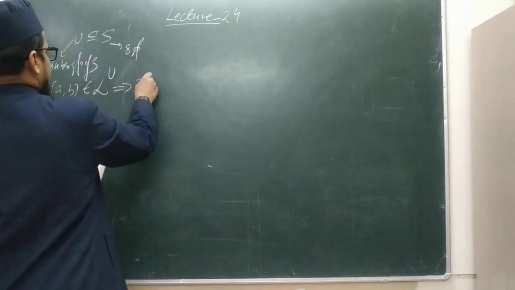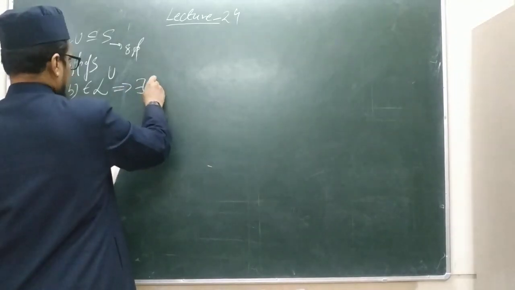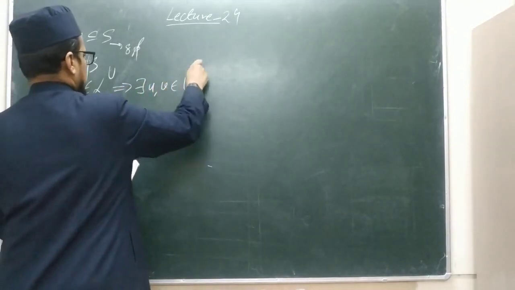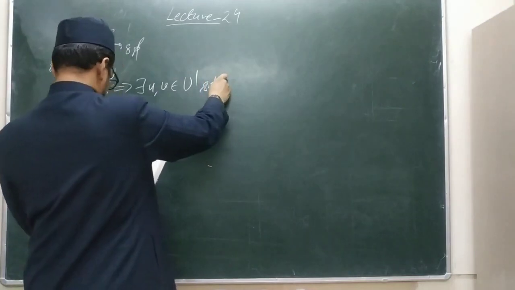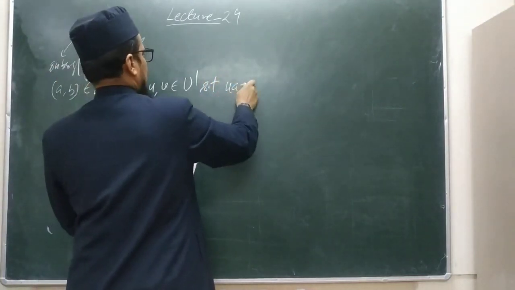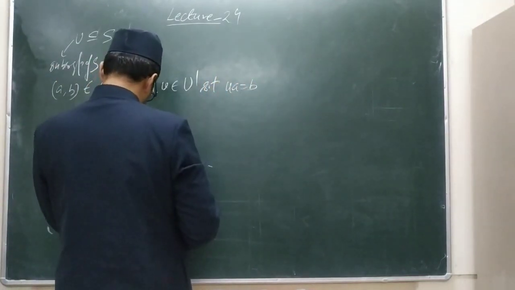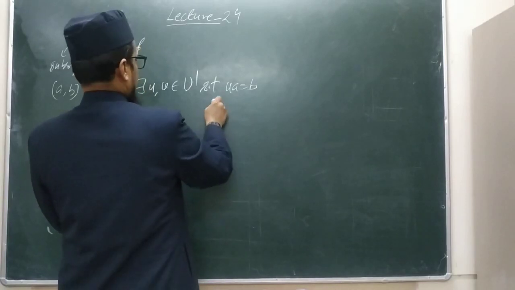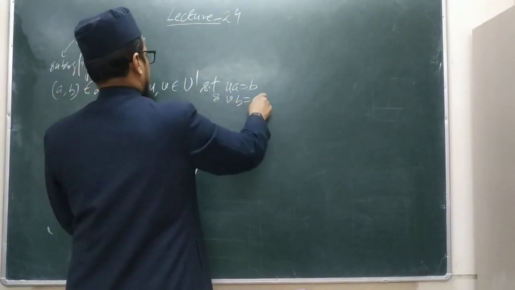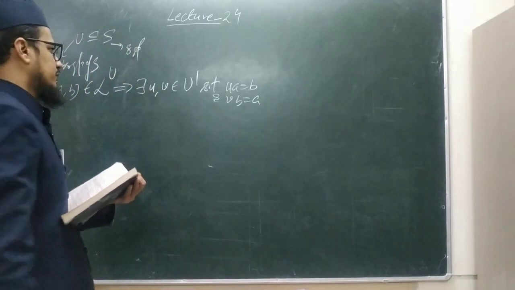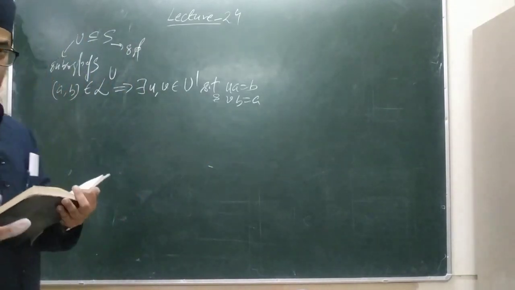It implies there exist u, v in U1 such that uA is equal to B and vB is equal to A. Here we have to take U1 because we are not taking U as a regular semigroup.